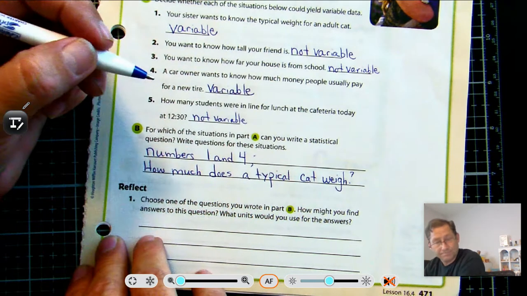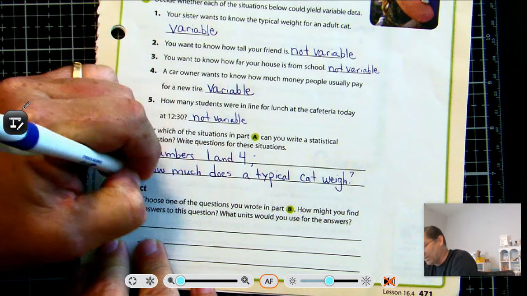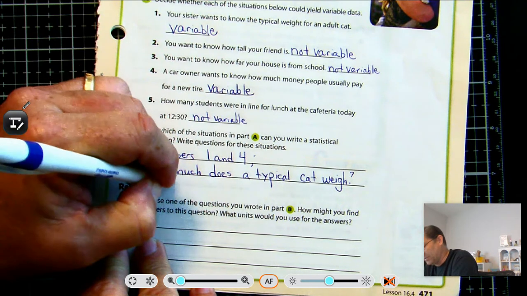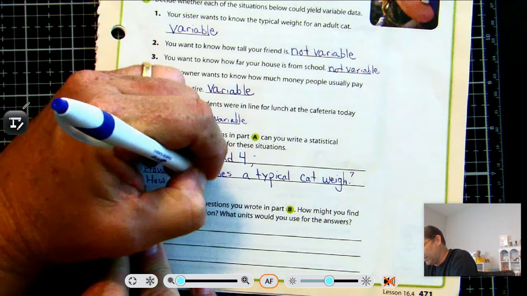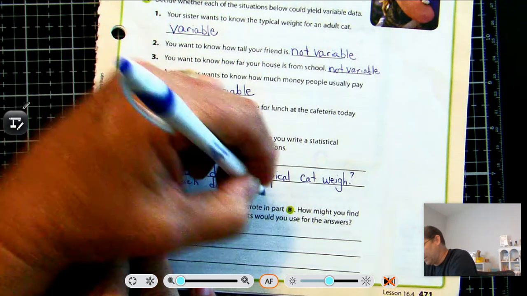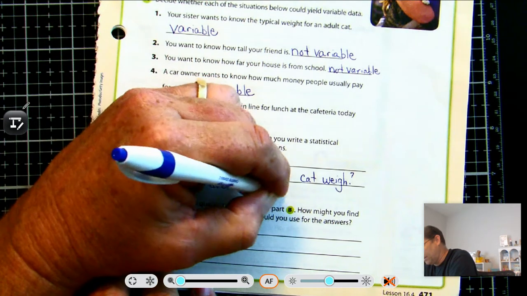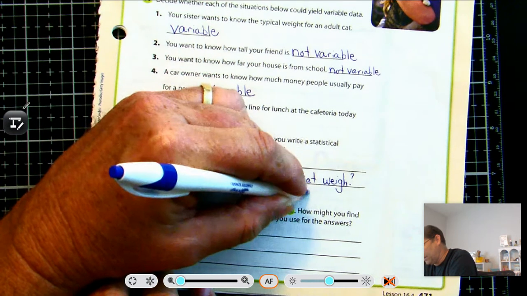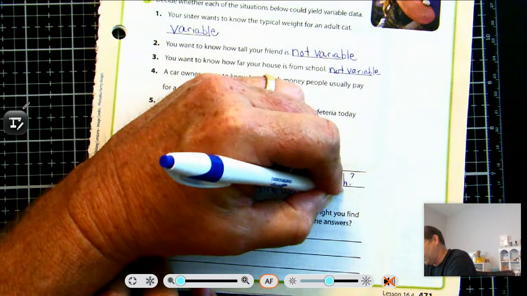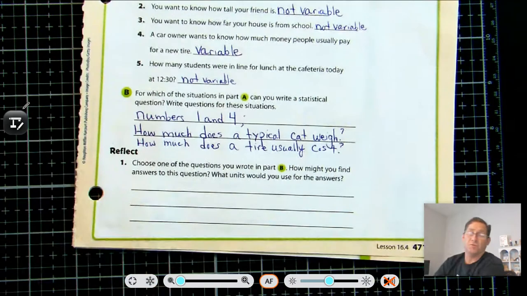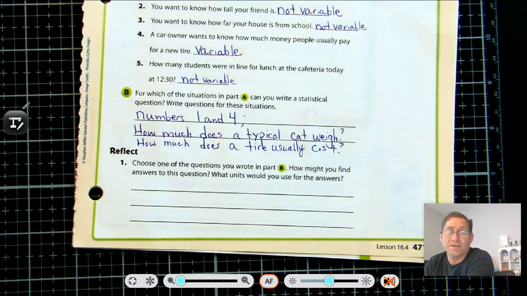And how much does a tire usually cost? Okay, so those would be statistical questions based on numbers 1 and 4 in our information.